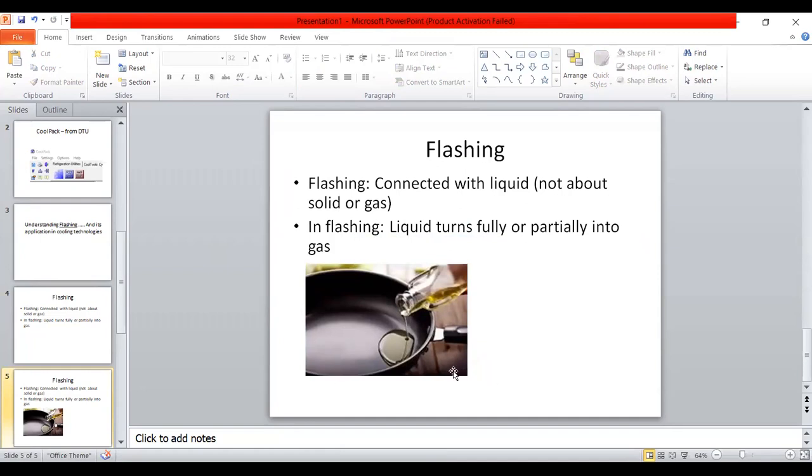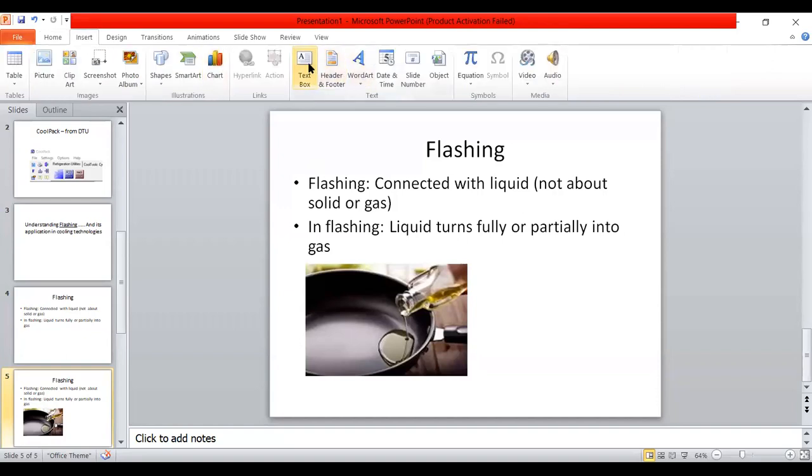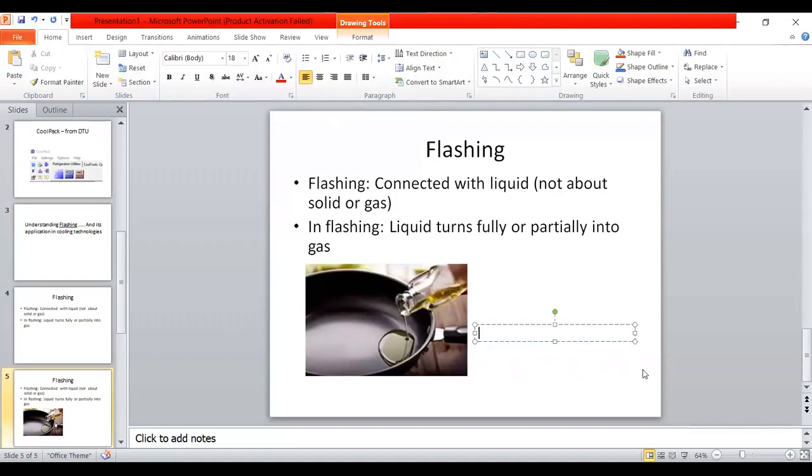So if this frying pan is hot, okay, if this frying pan is hot, frying.